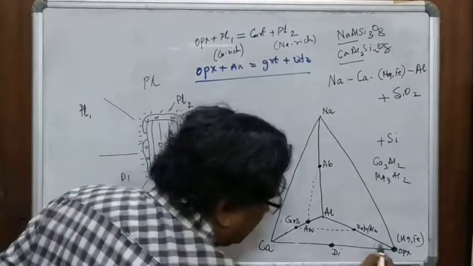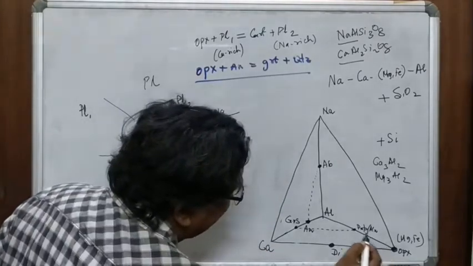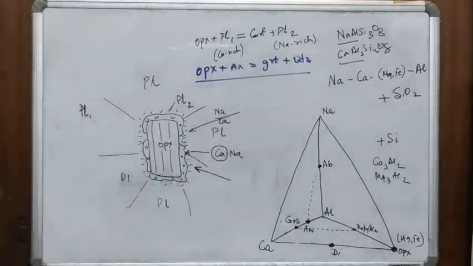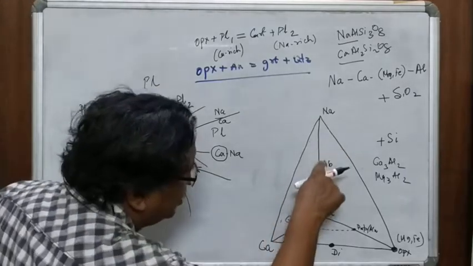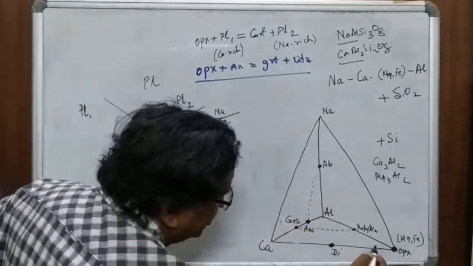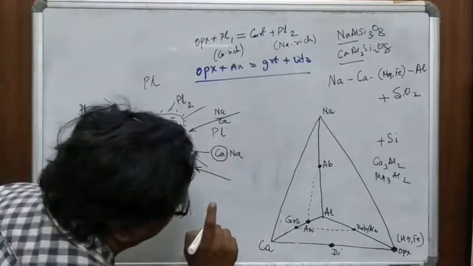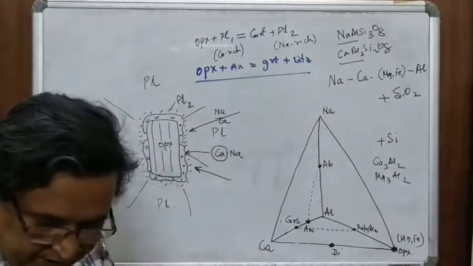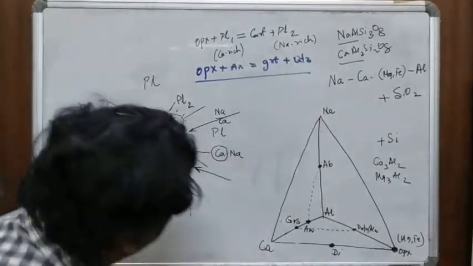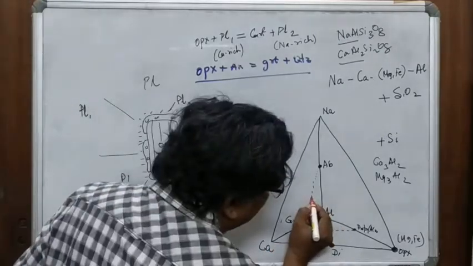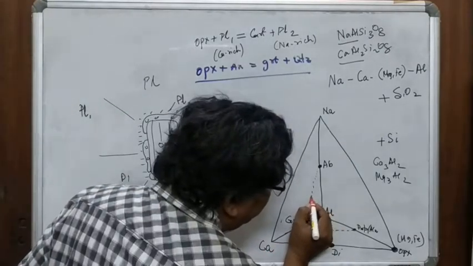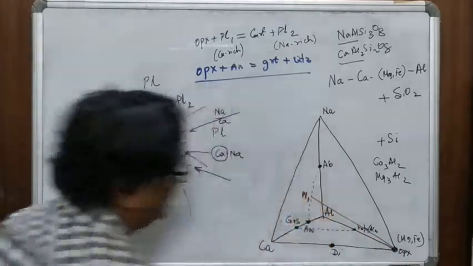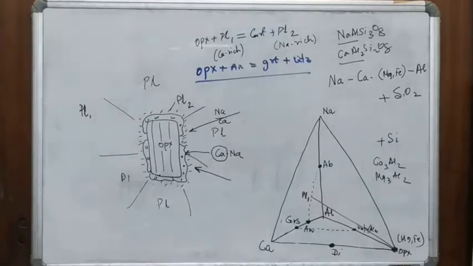So if we take an orthopyroxene and react it, you can see this is grossular, and this is your albite and this is anorthite. So if you take orthopyroxene, it's difficult to draw in this perspective, very difficult to draw. Let's say my orthopyroxene, plagioclase 1 is here. This is plagioclase 1, orthopyroxene. Have you understood?